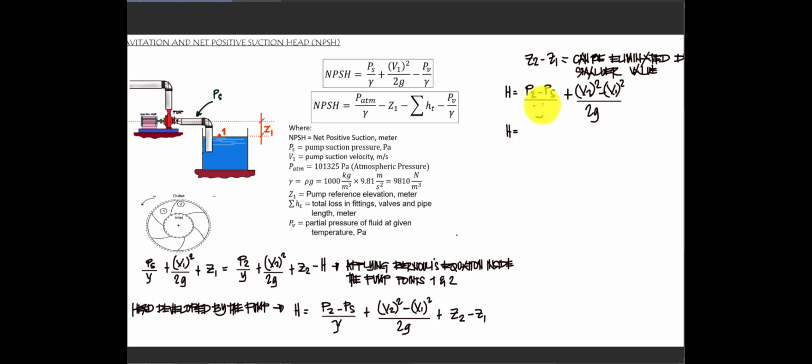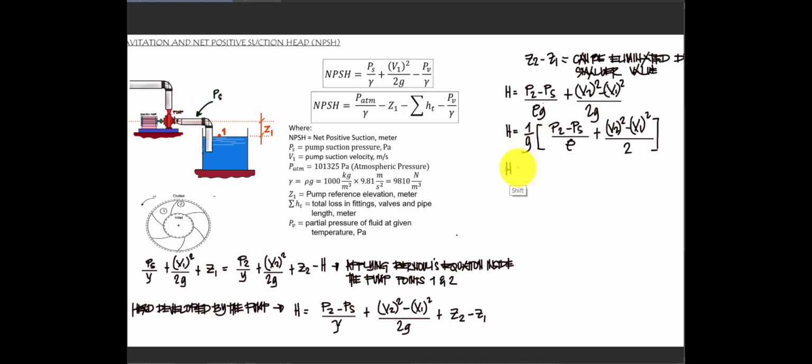I can express this specific weight as density times the gravity, so I can factor out the gravity, 1 over G. What is left is the pressure 2 minus the pressure at suction, divided by the density, plus the velocity 2 squared minus velocity 1 squared, divided by 2, then close the parenthesis.